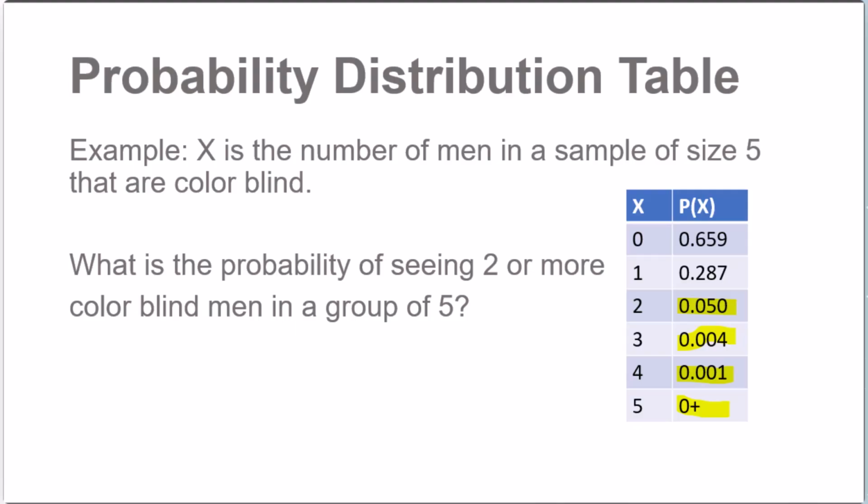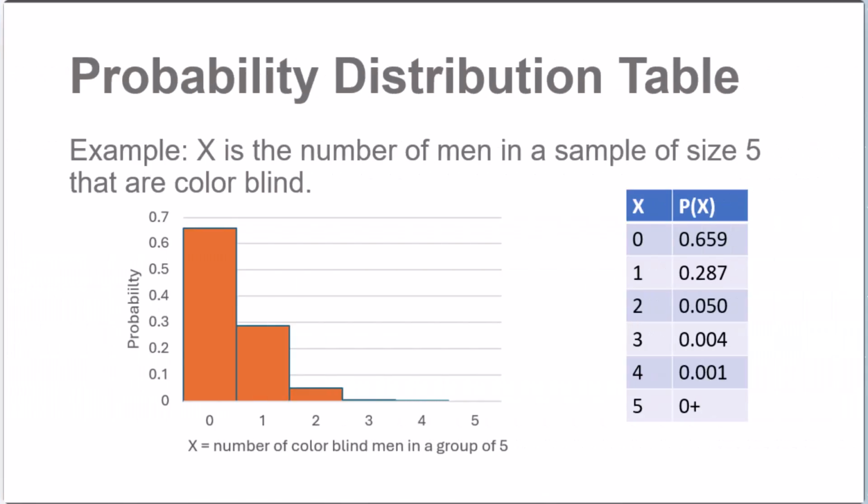So 0.05 plus 0.004 plus 0.001, this ends up being 0.055, or we could think of this as 5.5%. We often see probability distributions written as tables, but I could also graph this information on a bar graph.